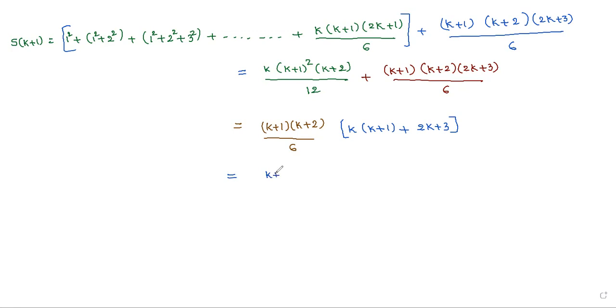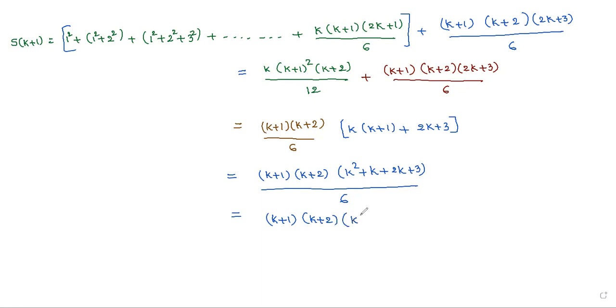So k plus 1, k plus 2, k into k square plus k plus 2k plus 3 by 6. K plus 1, k plus 2, k square plus 3k plus 3.